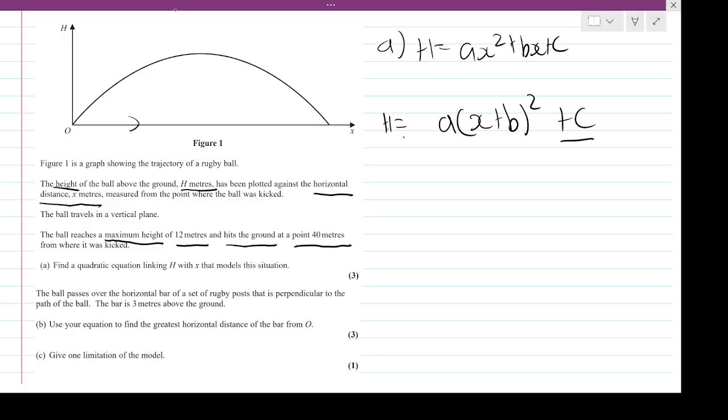Also bear in mind the a, b, and c are not necessarily the same a, b, and c here. Actually, I should probably pick different letters to show that they're not exactly the same: big A x squared, big B x, and big C. So they're not necessarily the same, but hopefully you get the idea. Anyway, I'm going to use this form particularly because it's talking about maximum height.